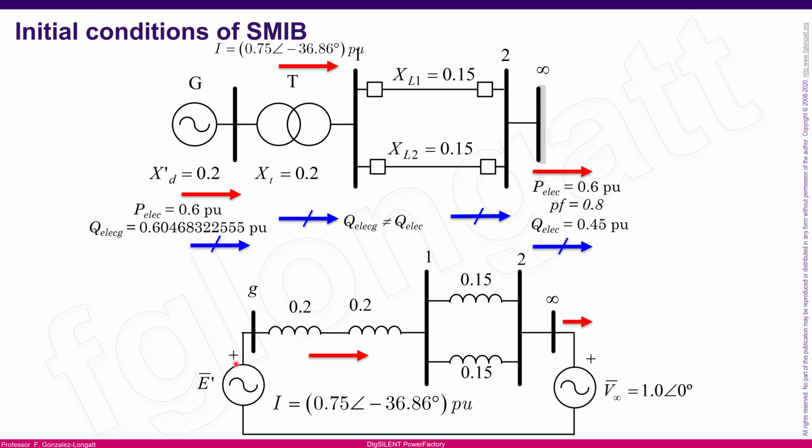And the reason that we need to know this internal voltage is because inside that internal voltage, we have one of the state variables. If you remember the most basic equation that we used to describe the dynamics of the electrical power system considering a synchronous generator, the most basic model is the swing equation. And the swing equation is a second-order differential equation in terms of delta, the rotor angle, okay?